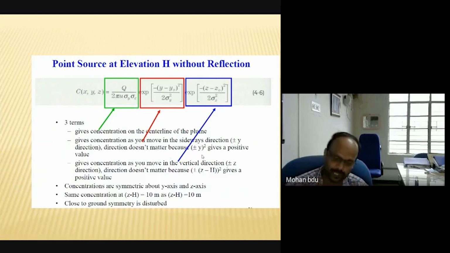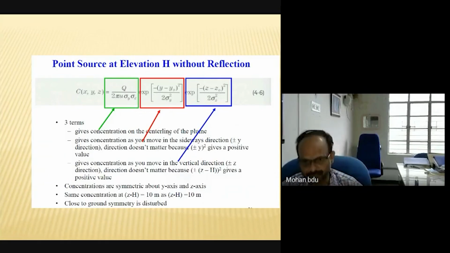It can be X, Y1, Y2, or Y like that, either side. So this is the equation that predicts the horizontal movement of the pollutants. If you are interested in Y2 or whatever, this is the equation for the horizontal movement, and this is the equation for the vertical movement of the pollutants.